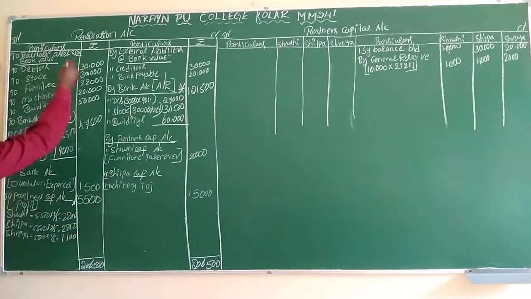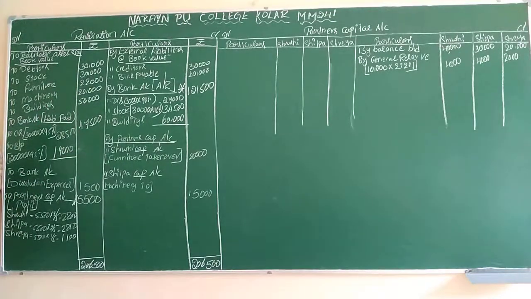First, let's come to the debit side, that is our left hand side of the previous account. Here we won't write step number 1, the value of partners capital. Step number 3, here also we won't write the term partners capital account. Step number 6, we didn't write because it is exempted. Step number 7, here we have to write to bank account, which is not related to the partners capital account. And step number 8, where we have to write to partners capital account. What is that? Profit. With which account? From the realization account.